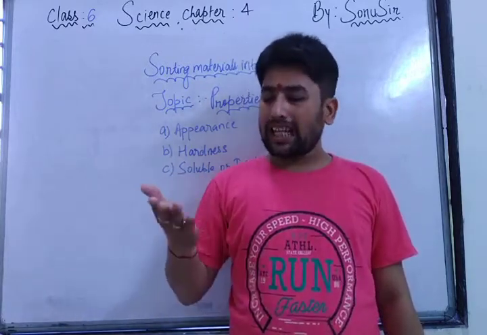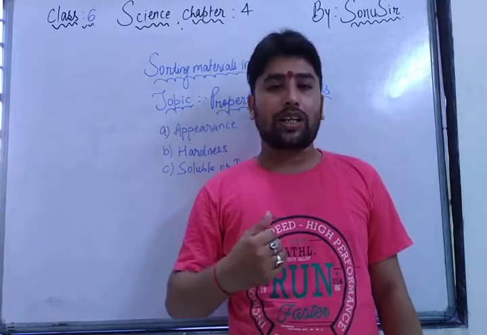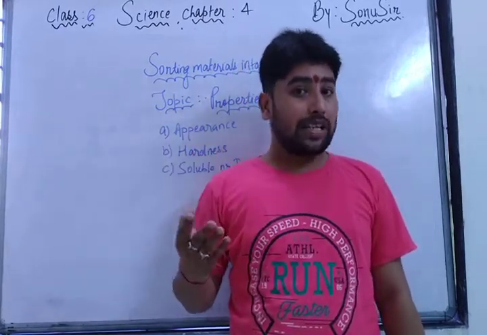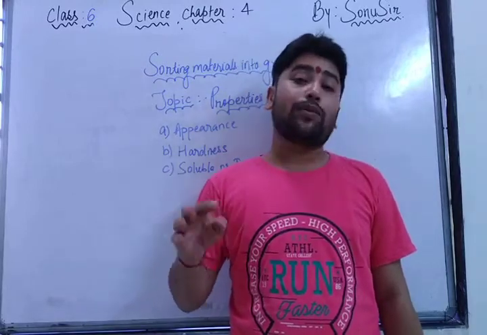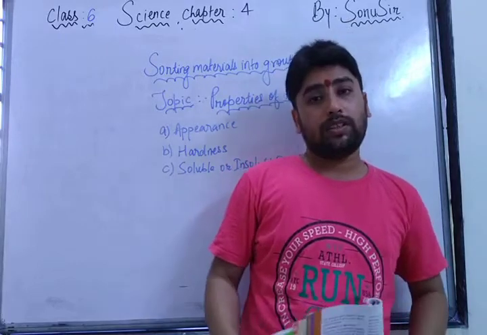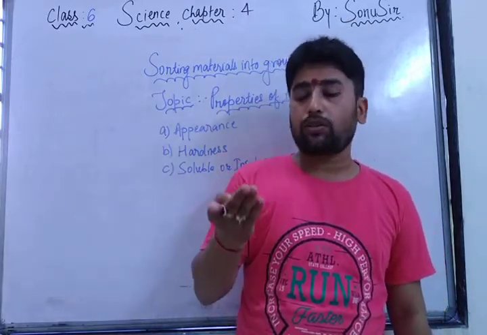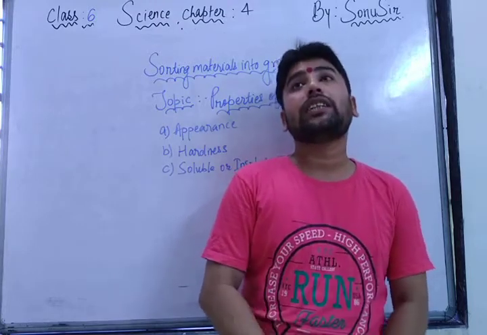But now, as it has come in contact with air and water, it is not like that anymore. But if I rub this metal again with sandpaper, it will start shining again, because it has a layer of air and water on it, so that's why it is not shining. You might have seen stainless steel.